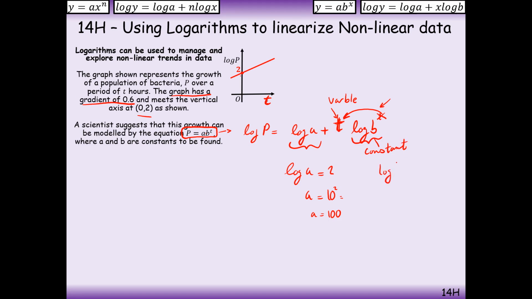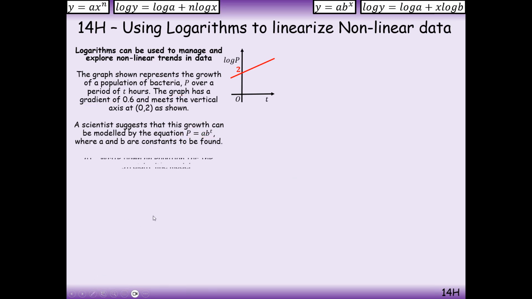So log b is equal to 0.6, as the question says, the gradient, or here the constant. I'm trying to make you understand that it is part of the x, or would have been the x-axis, therefore the gradient is the thing that is multiplied by t. So here solving for b involves raising 10 to the power of 0.6.